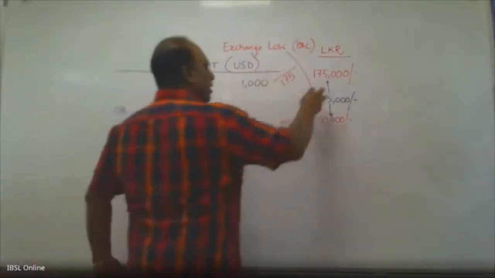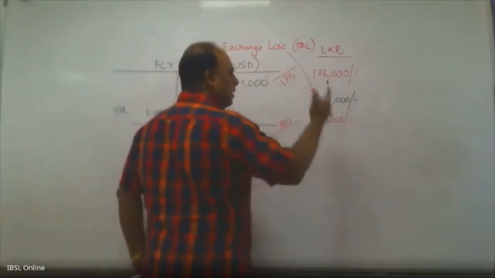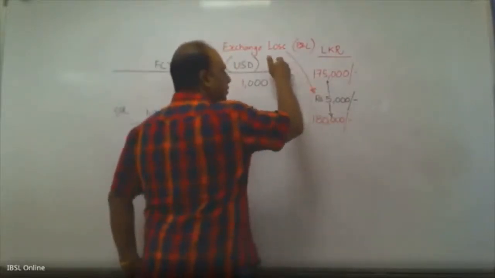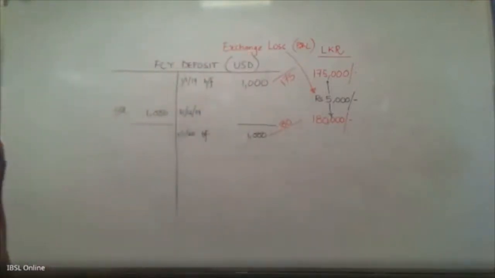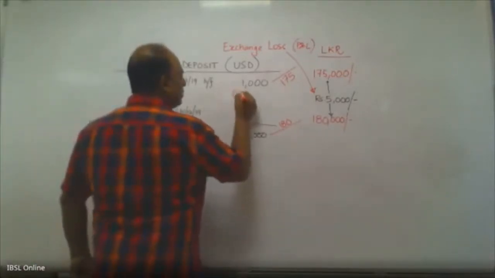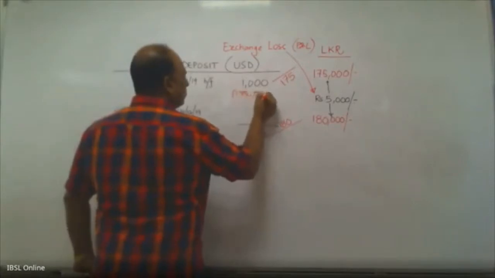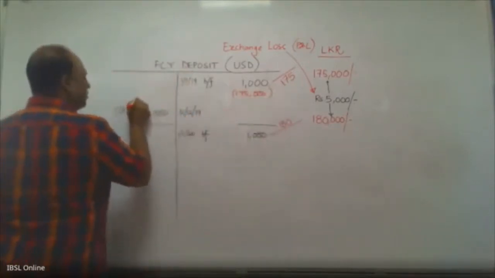Because your liabilities are going up. Your liabilities going up means you will have to recognize a P&L expense. Is that clear? Now, if I am to give you an example, this is 175,000.